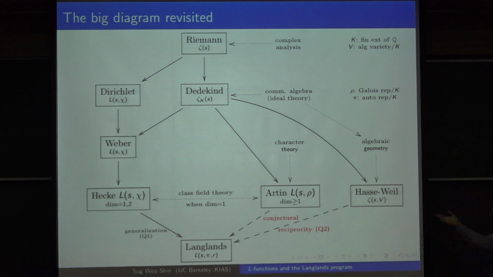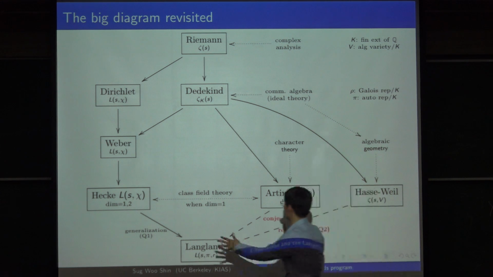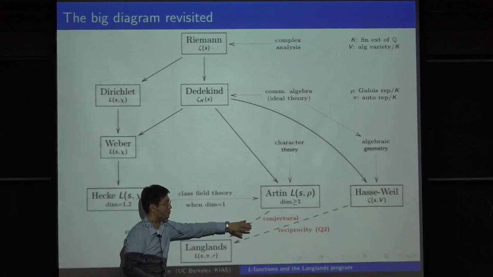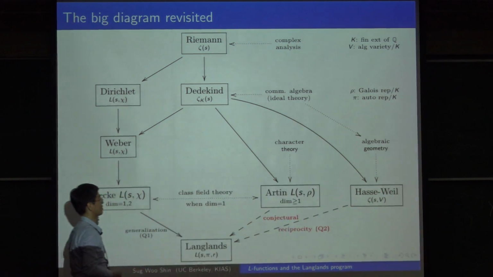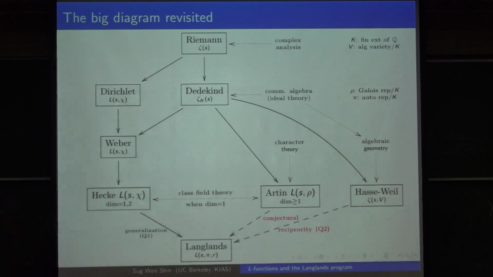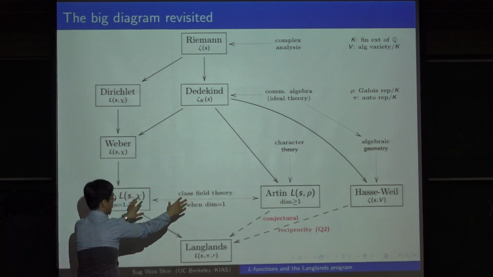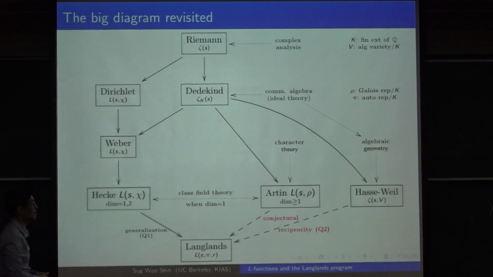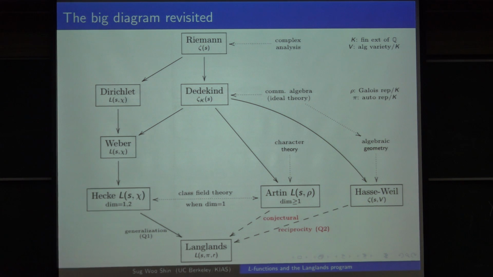And maybe I'll explain the diagram and perhaps stop. I can tell you in person more stories, but here's the diagram. Before Langlands, it was like this. There were three different kinds of L-functions: Hecke, Artin, and Hasse-Weil. Now, class field theory identified these in the dimension 1 case. But then what Langlands is proposing in his program is the following.